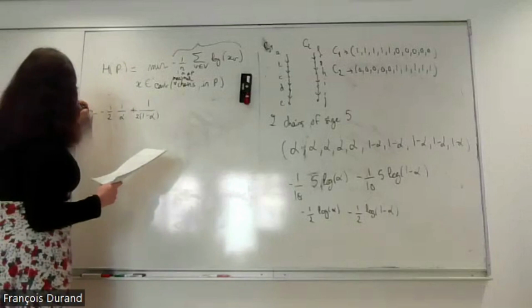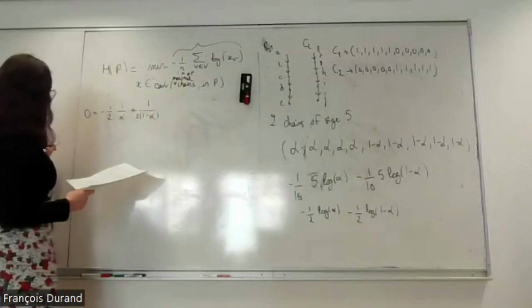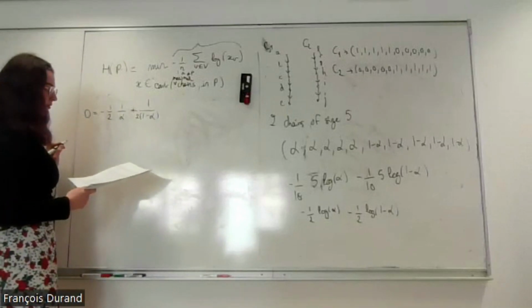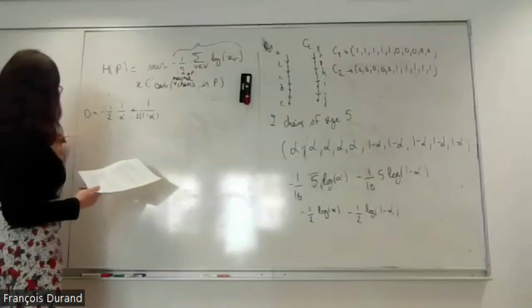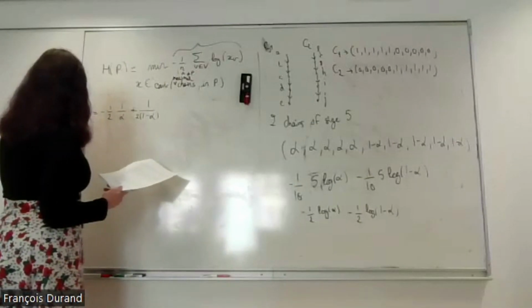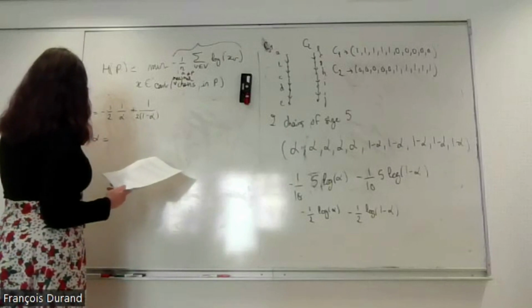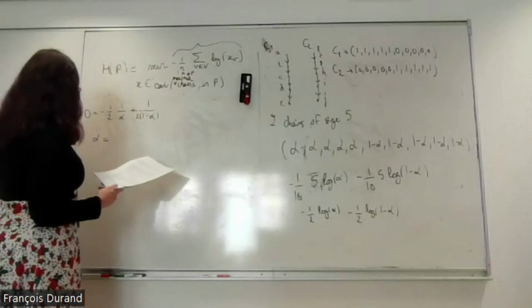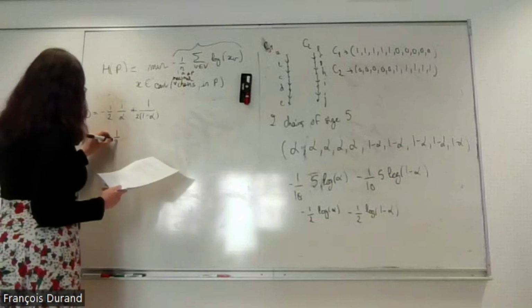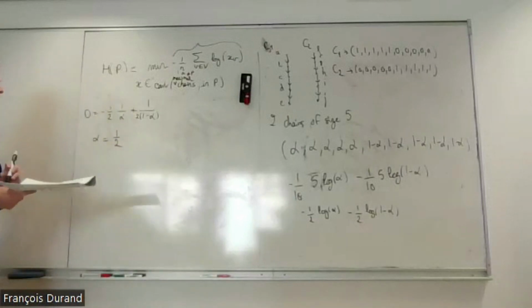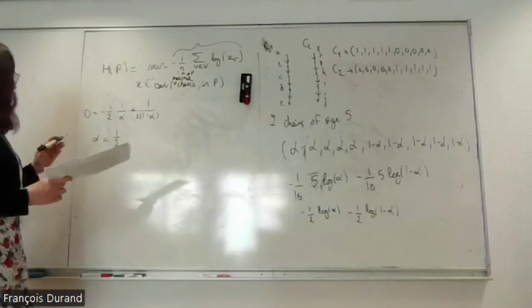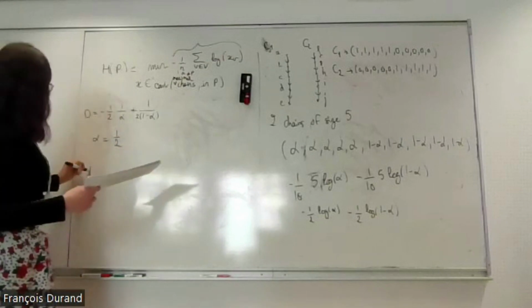And so you have this equal to 0. And we find alpha is 1/2. It's essentially by symmetry. By symmetry, it should be 0 or 1 or 1/2. And 1/2 is the one.